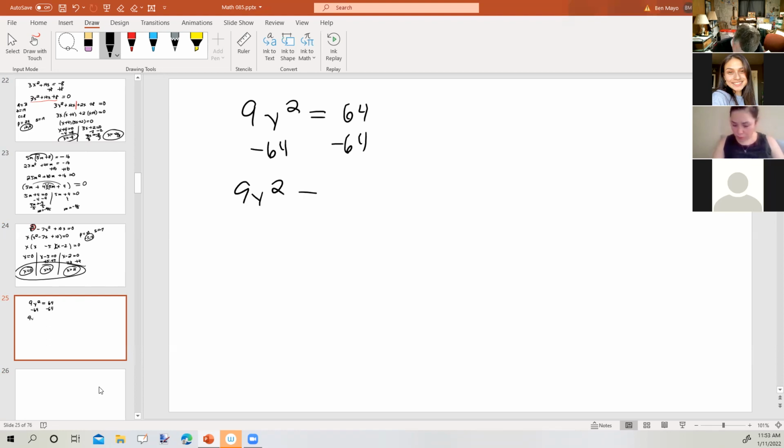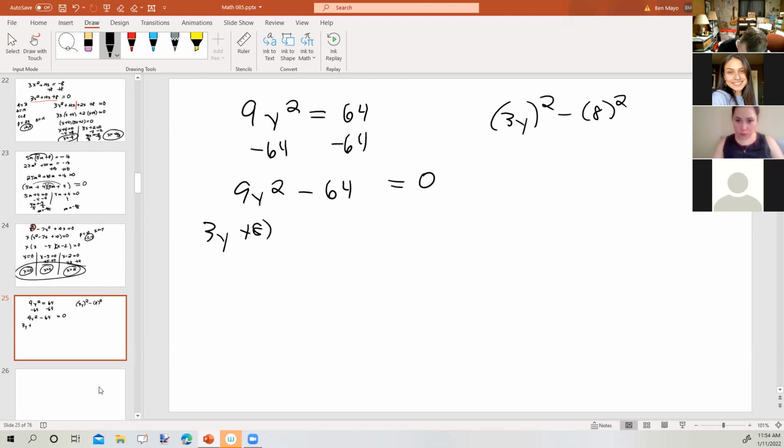We get 9y squared minus 64 is 0. On the left side of the equation, I have a binomial. It looks to me like it's the difference of two squares, because you could take it and write it as 3y, the quantity squared, minus 8, the quantity squared. So the factors would be 3y plus 8 times 3y minus 8 equals 0.